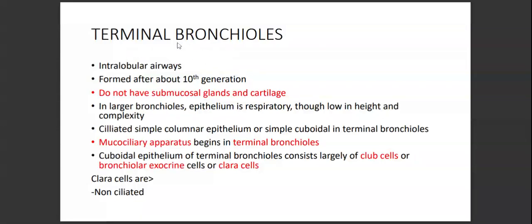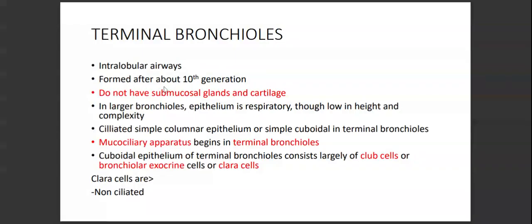The terminal bronchi are intralobular airways, of which we can say the secondary bronchi were interlobular. So intra means inside the lobules, while interlobular means in between lobules. The secondary bronchi were in between lobules, but now these terminal bronchioles are intralobular, meaning they are inside the lobules of the lung.